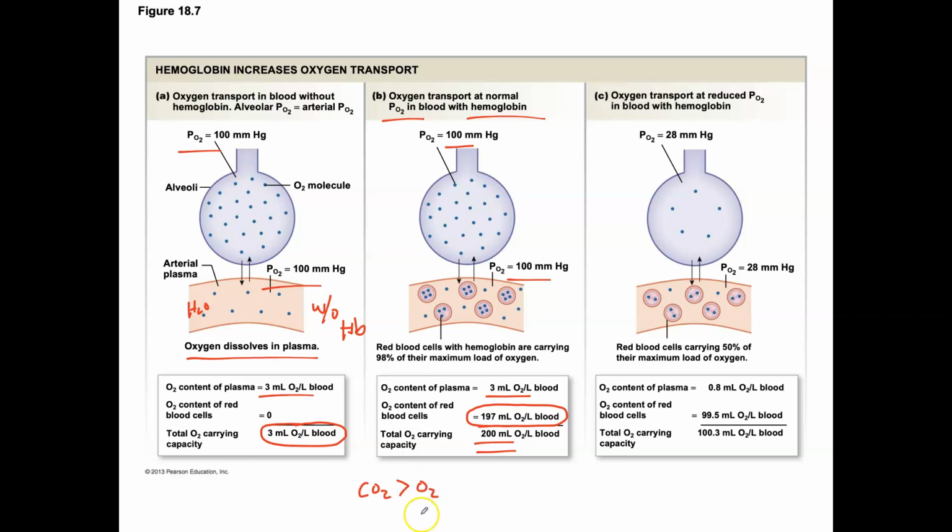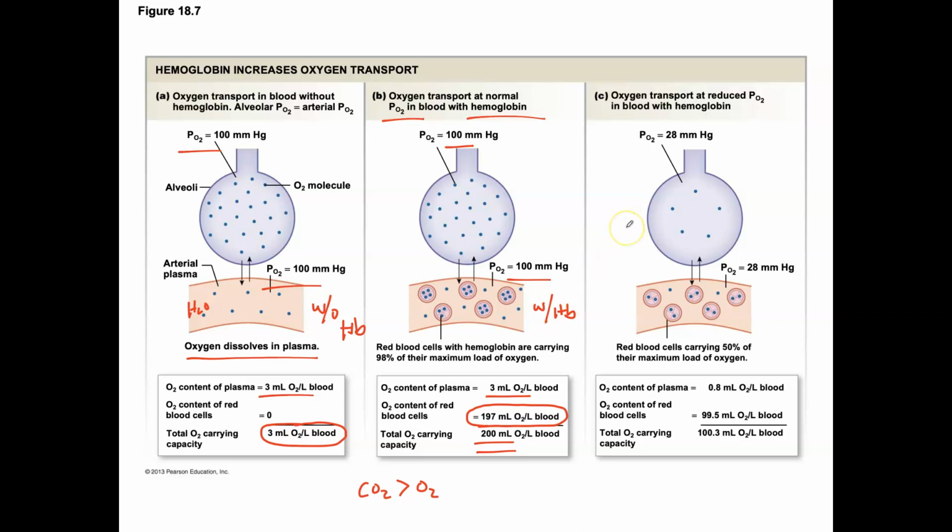So oxygen does not dissolve very well in water. So we need something to transport that oxygen to increase how much oxygen we can transport. So with hemoglobin, we see that we can carry large amounts of oxygen.